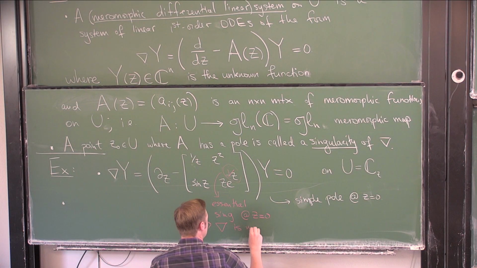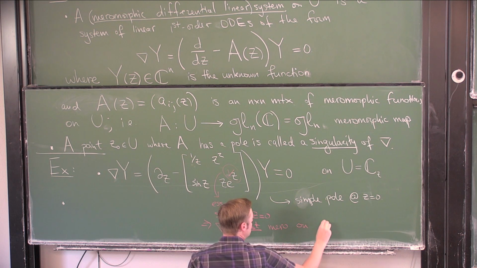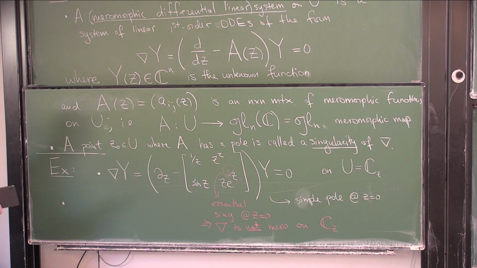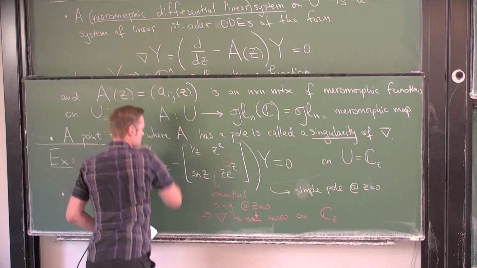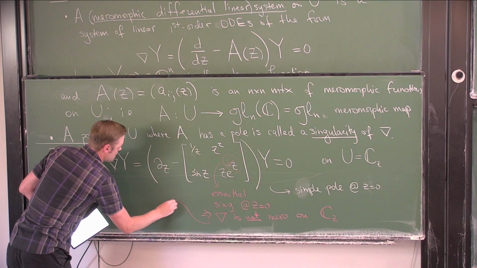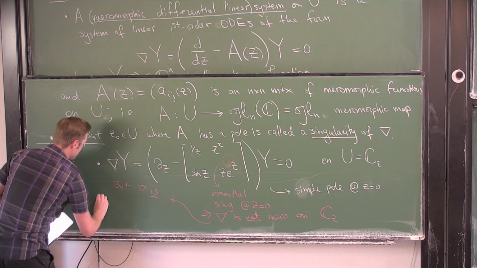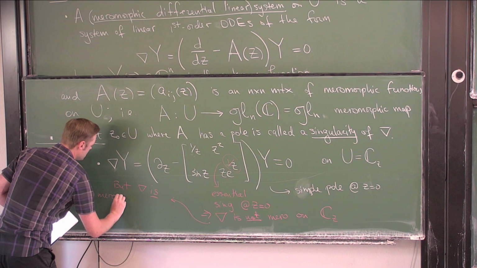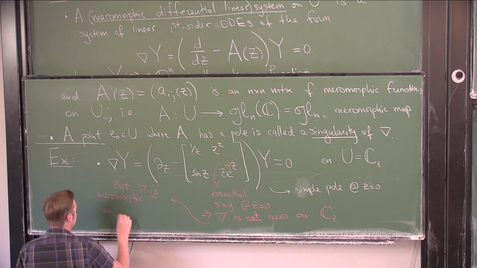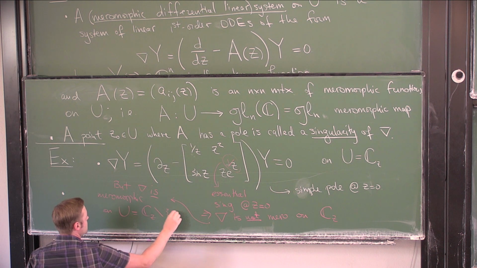So it is not meromorphic on C to the Z. But you could say, now I'm running out of space, just continue here, but you could say nabla is meromorphic if I just remove that point on U, which is C to the Z minus the origin.